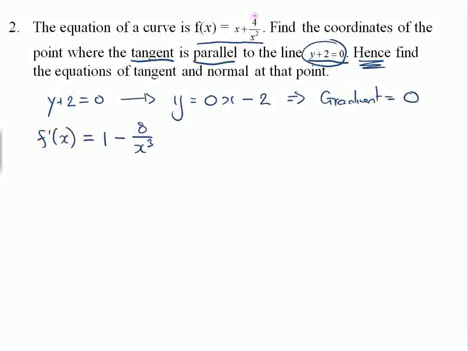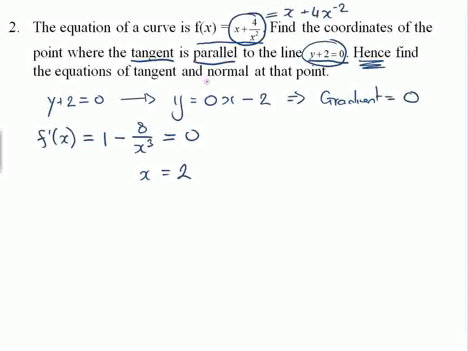If you think about it, this can be written as x plus 4x to the negative 2. So this will differentiate to 1. The negative 2 will come down, multiplied by the 4, gives me negative 8, then x to the negative 3. So it's the same thing you see here. And then I'm going to find where that equals my gradient, which is 0. If I rearrange this a bit, I actually get x equals 2.